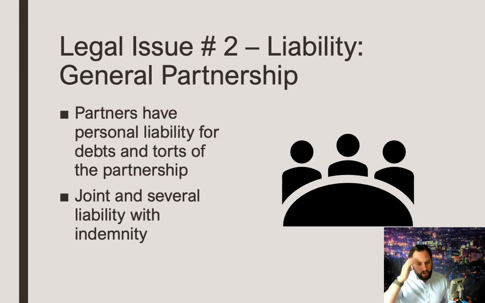The reason we care about partners forming a partnership together is that once they're partners, they're liable for each other. Partners have personal liability for the debts and torts of the partnership. And they also have joint and several liability with the ability to indemnify each other for costs that they bore on behalf of the partnership.